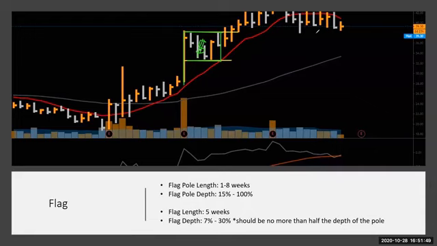Yes, Jarek, flag on the play. Carlos, if the flag is pointing downwards, is that also a flag pattern? Yes, it is. If you had a flag like this, where you had that big down move and then you're getting price action in here, this is also a flag, but whereas this is a bullish flag up here, this is the bearish flag.